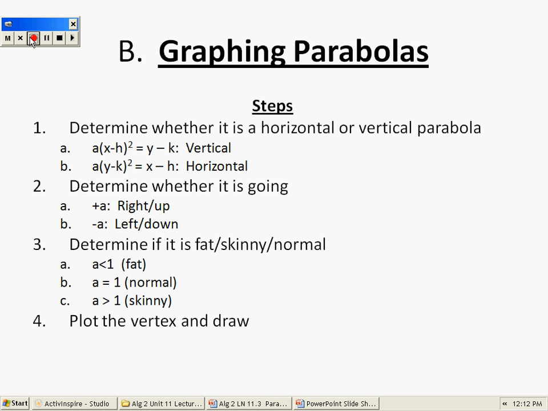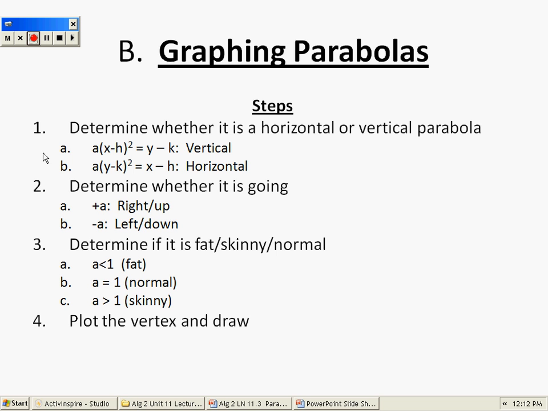All right? So the first thing we have to do is look at the equation. Is it the one where the x minus h is being squared or the one where the y minus k is being squared? That's going to tell us whether it's a vertical parabola going up or down, or if it's a horizontal parabola, meaning going left or right. Now from there, that won't give us enough information alone by just looking at the equation itself.